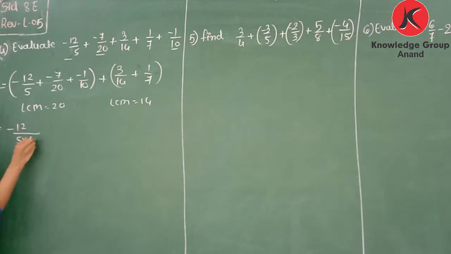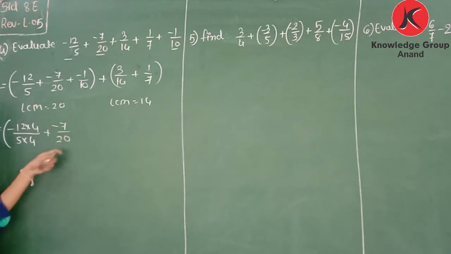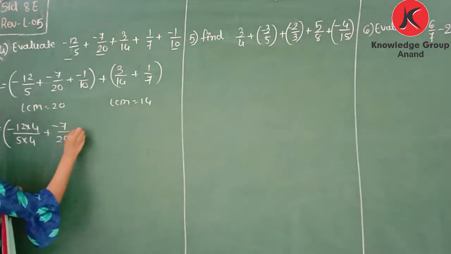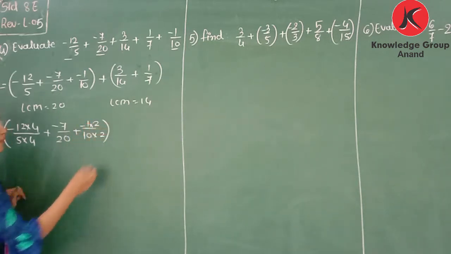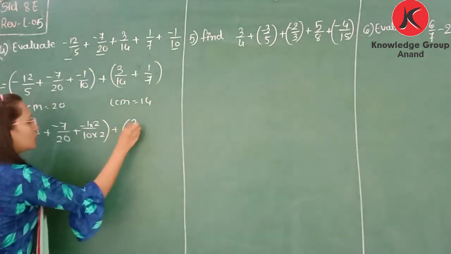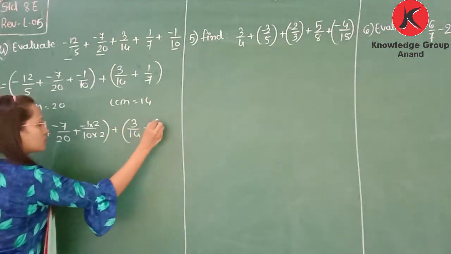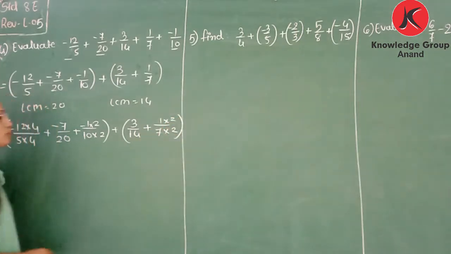So 5 is multiplied with 4 to get 20. Minus 7 by 20 as it is because the denominator is already 20. Minus 1 by 10 is multiplied with 2 in the numerator and denominator to get 20 here. 3 by 14 as it is. 1 by 7 is multiplied with 2 in the numerator and denominator.